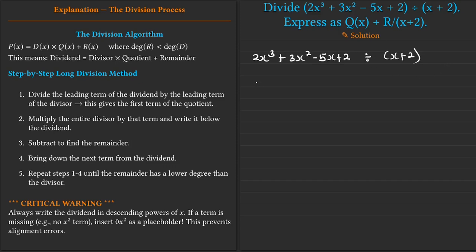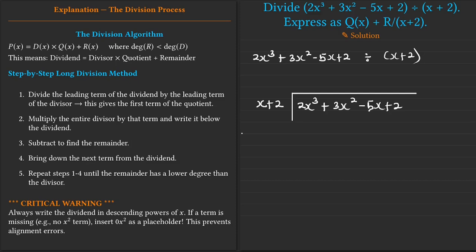So with that, let's put our divisor in here. So we have x plus 2. Then our dividend goes under the division sign. That is 2x cubed plus 3x squared, then minus 5x plus 2.